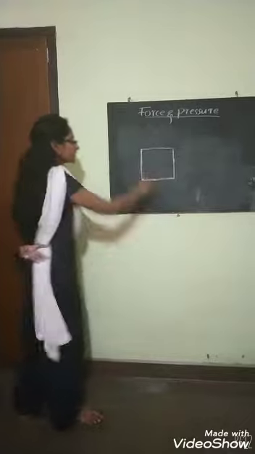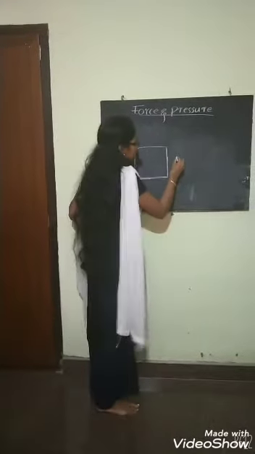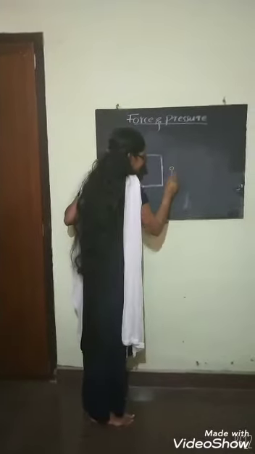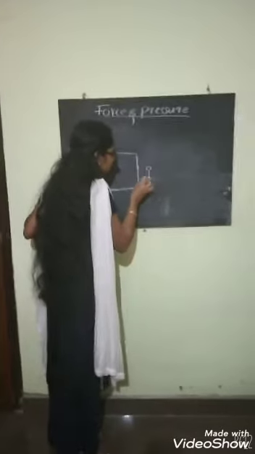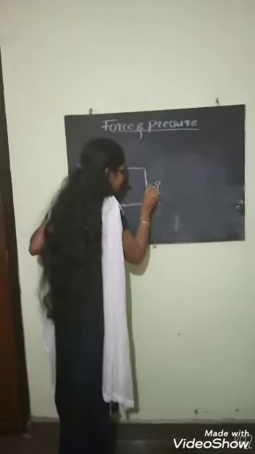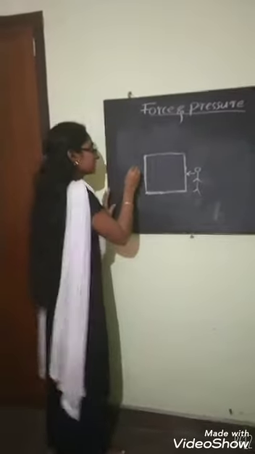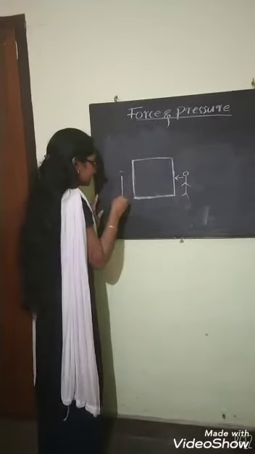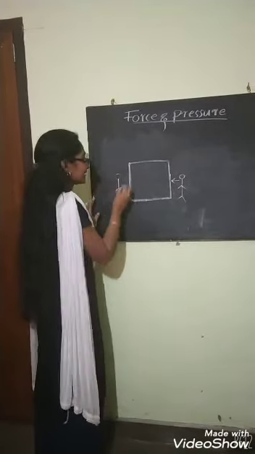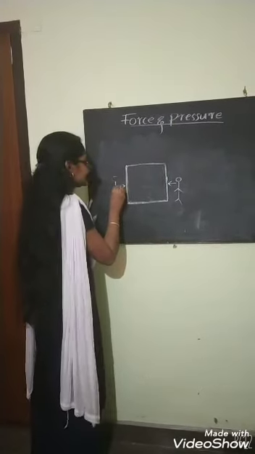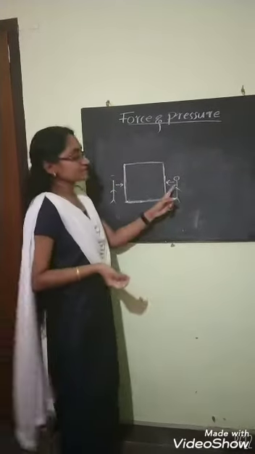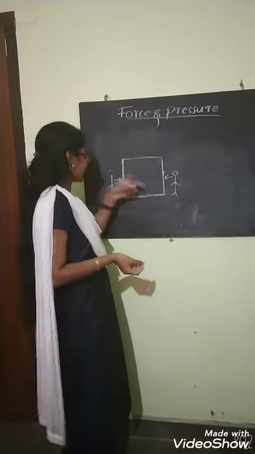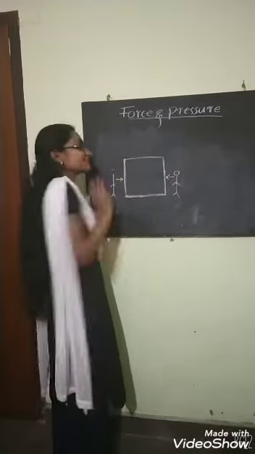Now consider the same huge block. Here again a person tries to push in this direction, and here another person is standing and trying to push in the opposite direction.